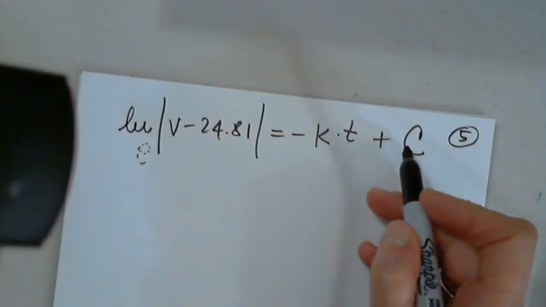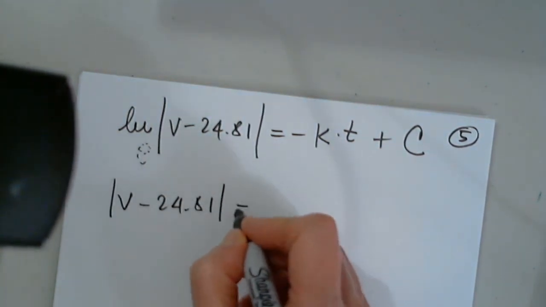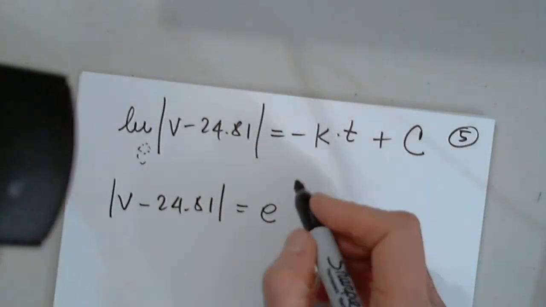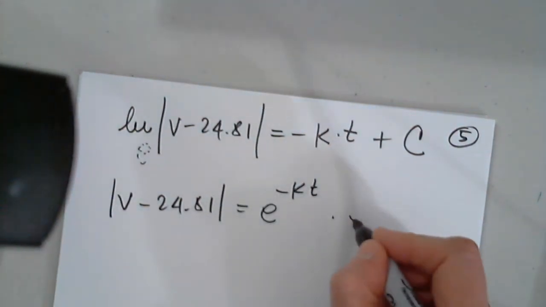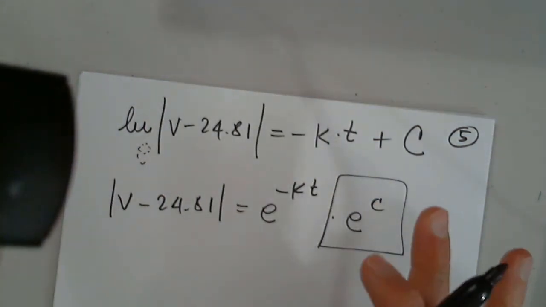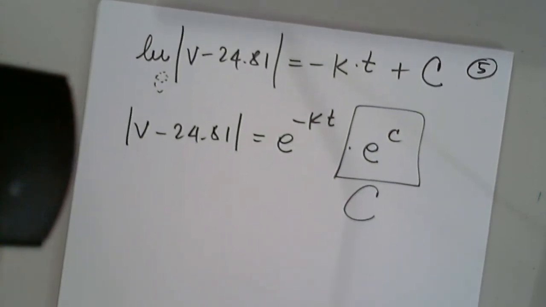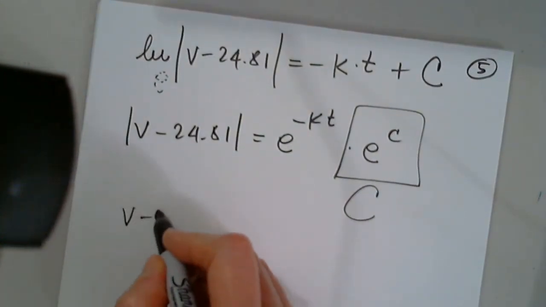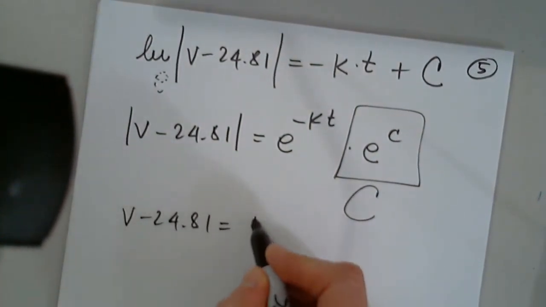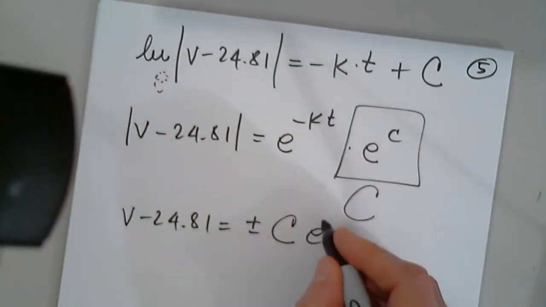So e to that will be the absolute value of v minus 24.81 equals e to this piece times e to this piece, which you can leave as is, but it's normally denoted by c. So then v minus 24.81 will be plus or minus c e to -kt.